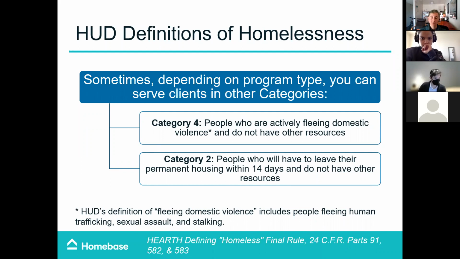So that could be that someone has been evicted and they have to get out of their unit in less than 14 days. There are other situations that this might apply to, right? So one of the things about category 2 is it can provide a little bit of flexibility in that area of, like, someone is not unhoused right now, but we know for sure that they're going to be unhoused 4 days from now. So we need to get them enrolled in a project.